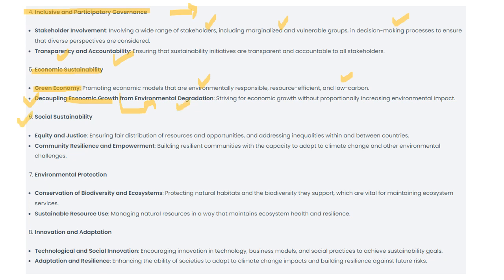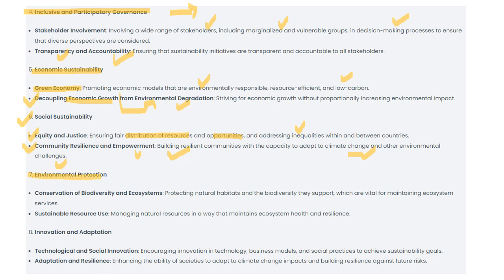Social sustainability, equity and justice: the distribution of resources and opportunities should not be unequal. The inequality among the countries or among the societies should not be there. Community resilience and empowerment. So here, building resilient communities with the capacity to adapt to climate change and other environmental changes.